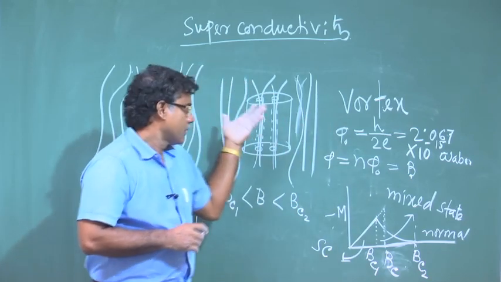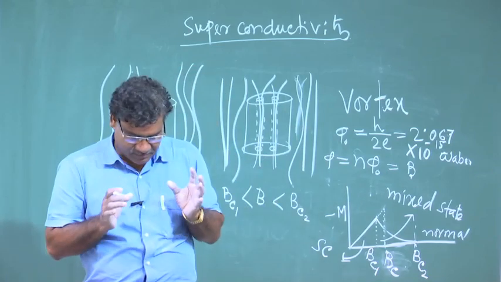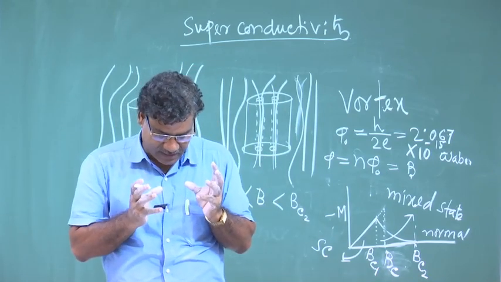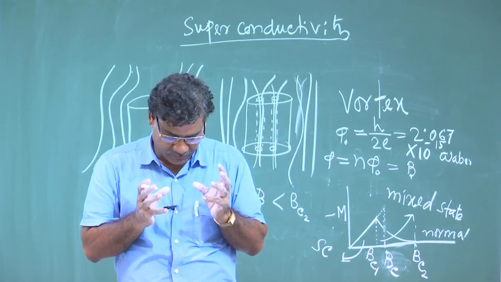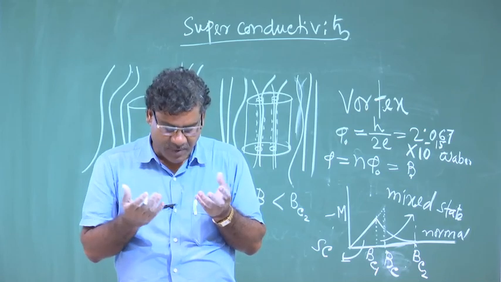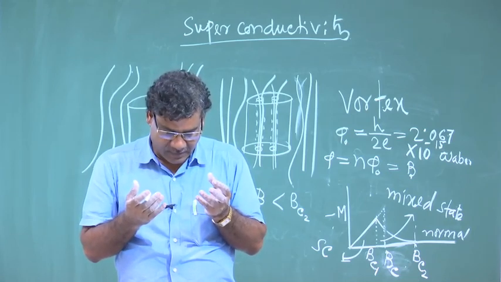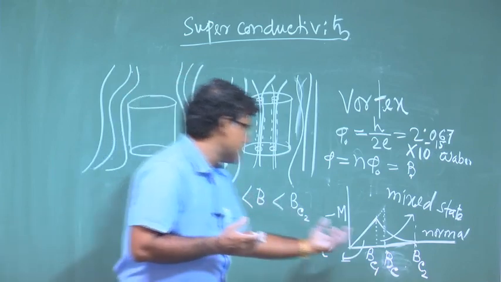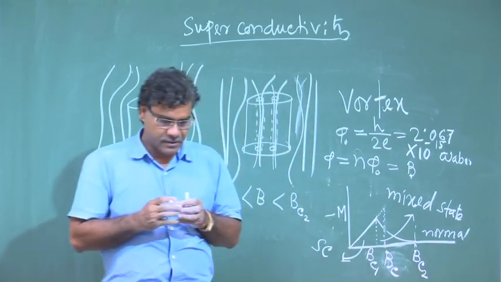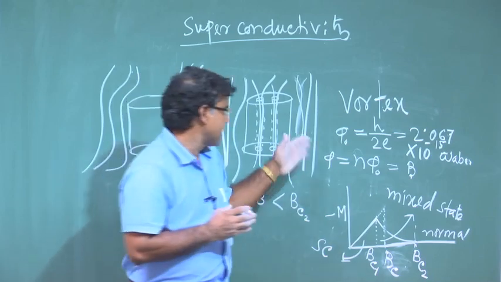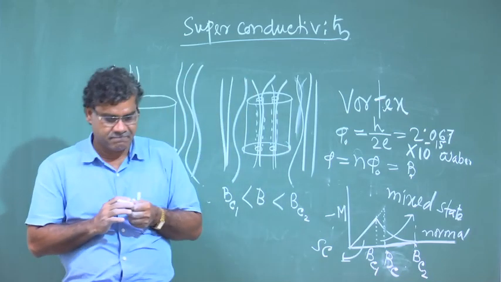So, now imagine that this superconducting material is a type 2 material, and in this range it has this kind of vortex.